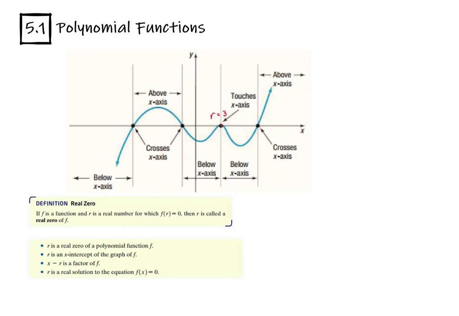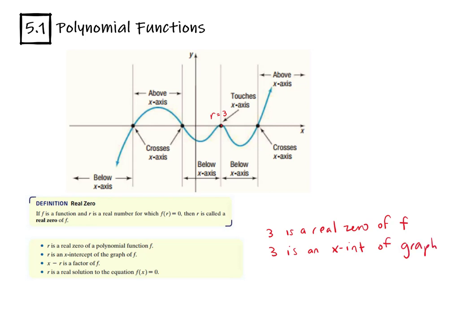If we know that r is a real zero, then we have several other statements that are equivalent. So we would say 3 is a real zero of f. And we'd also say 3 is an x-intercept of the graph of f.